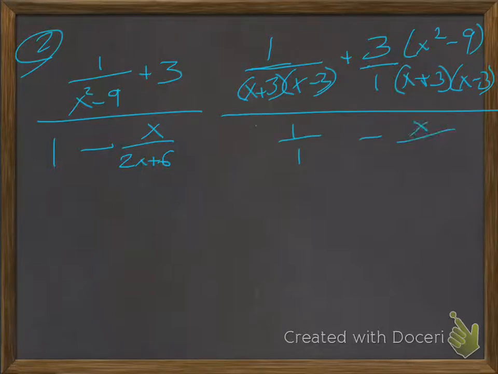And when I factor this denominator, it's going to be 2 times x plus 3. So I have to multiply this one by 2 times x plus 3.